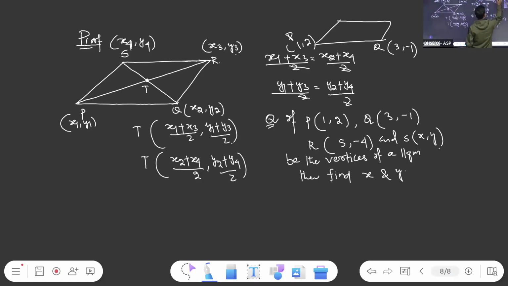And R is 5, -4, and S is X, Y. So x1 plus x3, that is 1 plus 5, 6, is equal to 3 plus X. This implies X is equal to 3 and 2 plus -4, that is -2, is equal to -1 plus Y, which implies Y is equal to -1. Okay, you are correct.